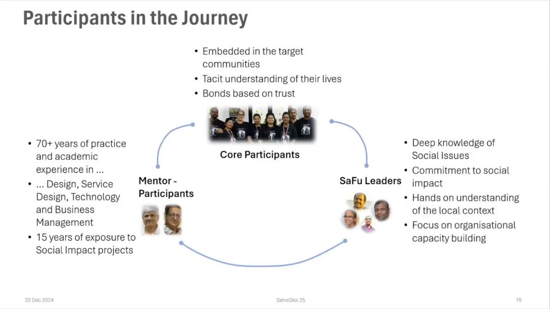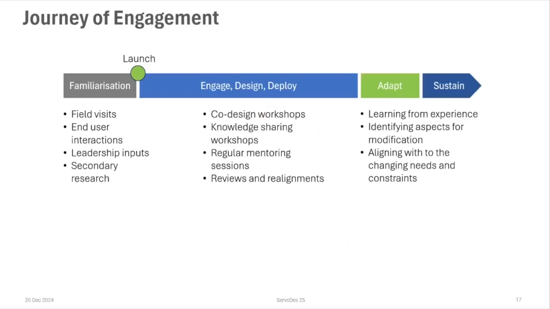They are committed to change, etc., etc. And as I said earlier, as an overall organization characteristic, they are also committed and willing to look for new ways to enhance their impact and so on. So this turned out to be a very fruitful combination. And as we moved forward, it helped us at every juncture. So this is the broad journey of our engagement.